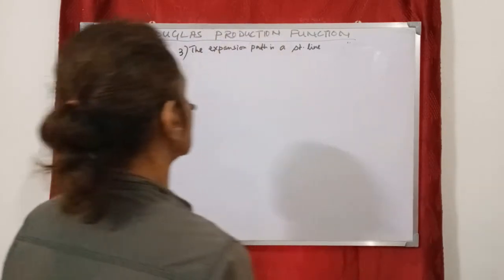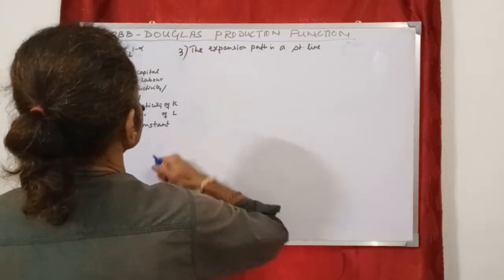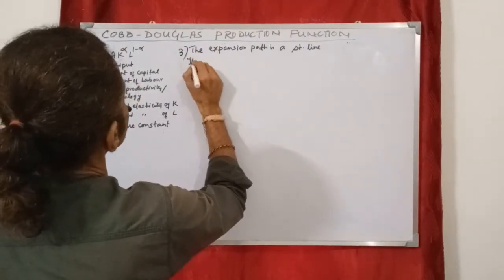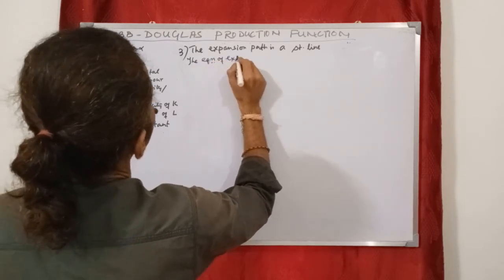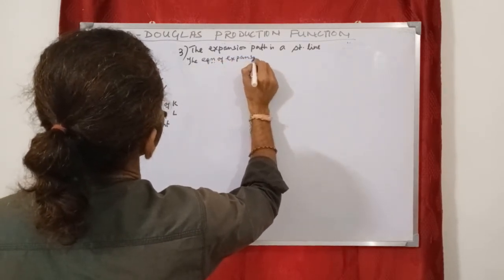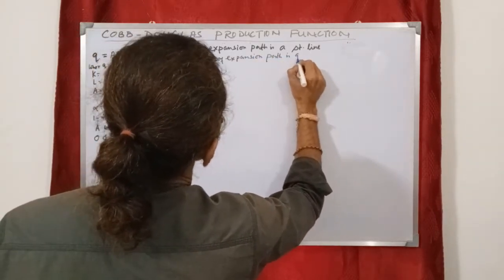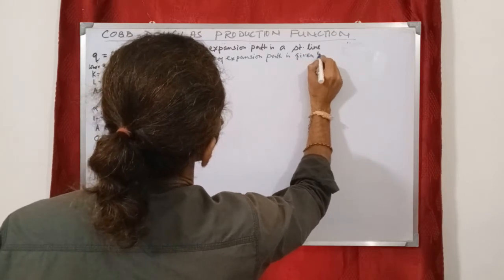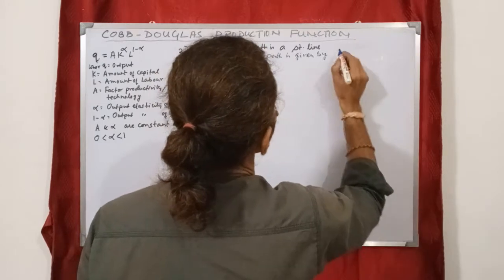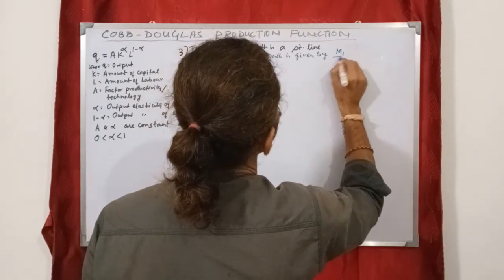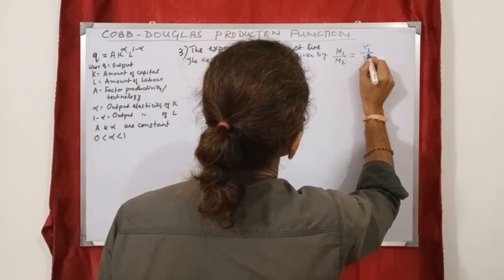Now what is the equation of the expansion path? The equation of expansion path is given by M1 by M2 equals to R1 by R2.